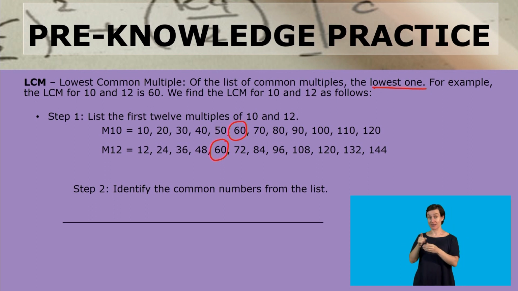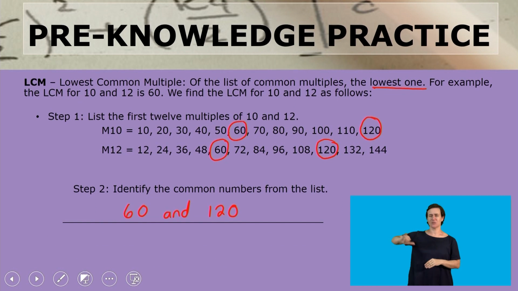But that is not the only common one. If we move further along our list, we have 120, we have 120 from the multiples of 10 and from the multiples of 12. So the common ones are 60 and 120. And if you were to continue with these lists, you would find more common multiples.